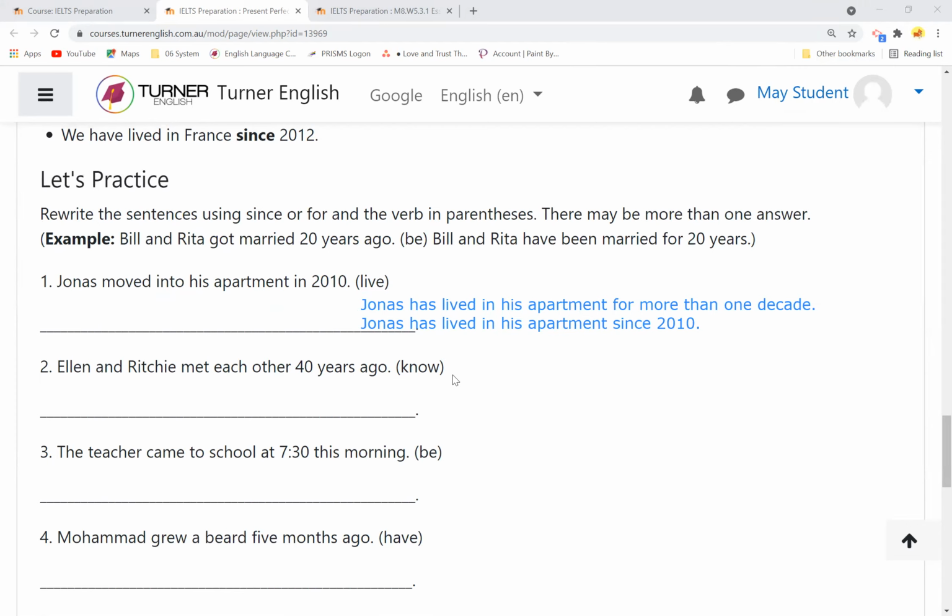So you will use the word know. Elena and Richie.